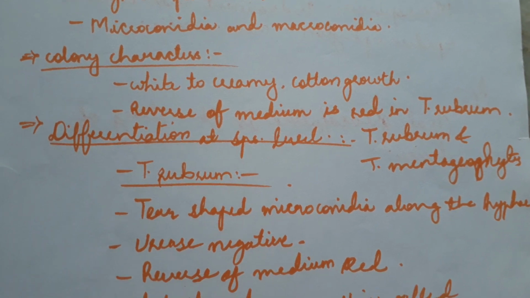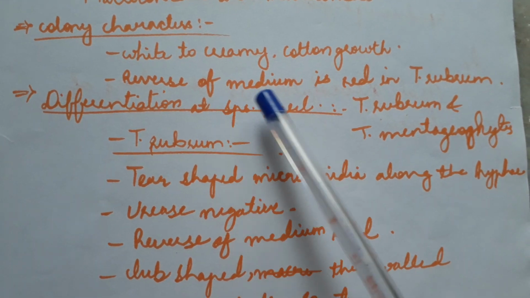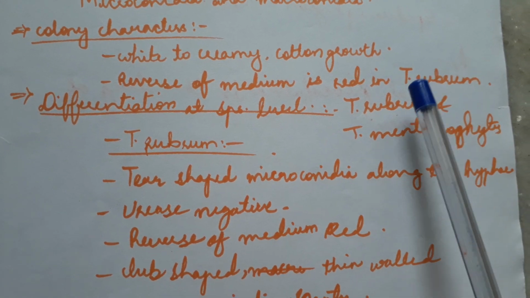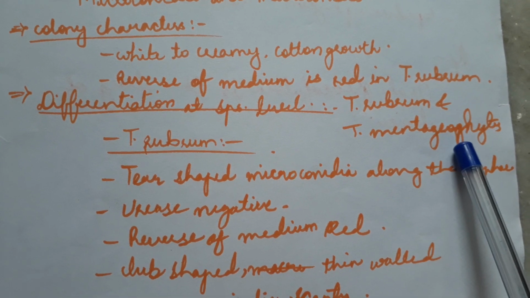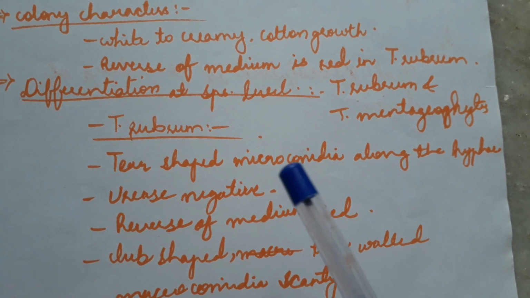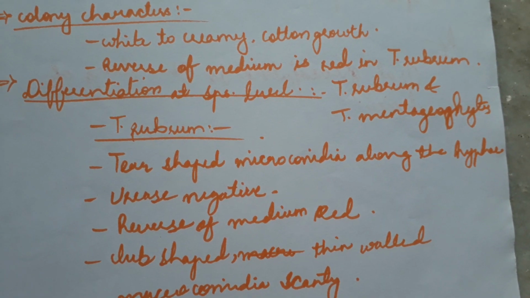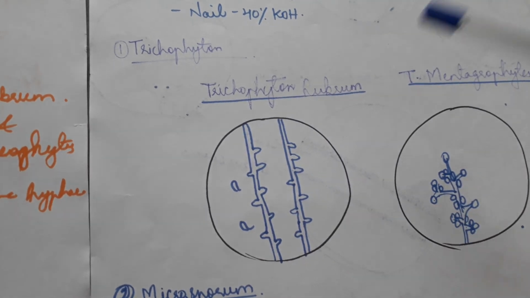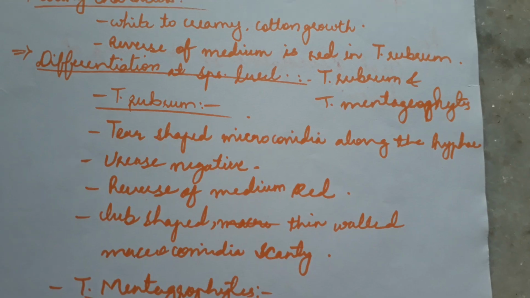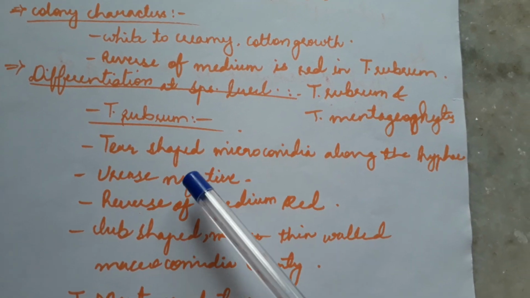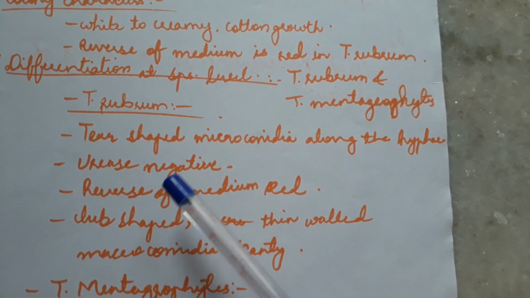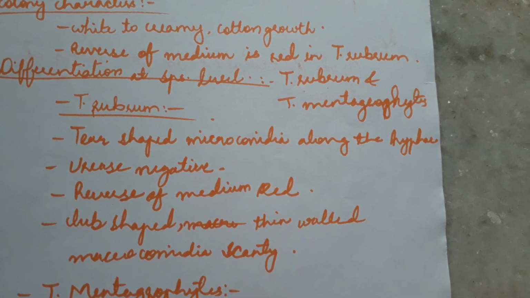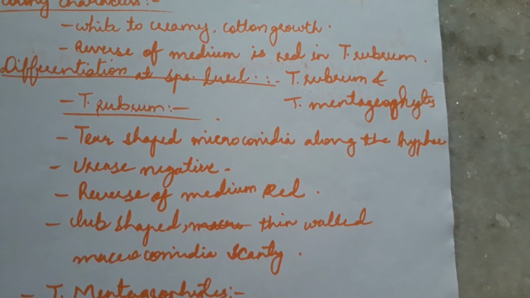Coming to differentiation at species level of Trichophyton, for example Trichophyton rubrum and mentagrophytes. In Trichophyton rubrum we can see tear-shaped microconidia along the hyphae, urease negative, and reverse of the medium is red, and club-shaped thin-walled macroconidia are scanty.